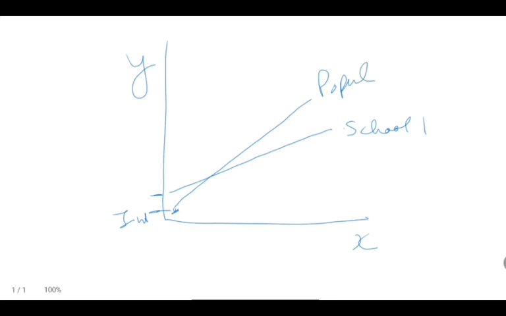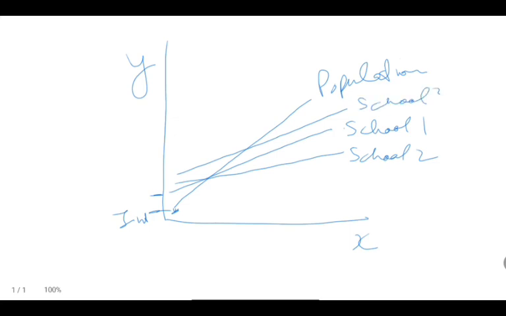So this is the population line and this is school 1, and then we might have school 2 which is like this, and maybe we have this one, that is school 3. This way each school will have a different intercept and a different slope, right?